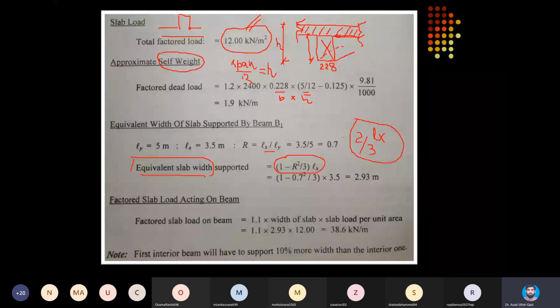So in order to eliminate its contribution, we normally use HF, the height of flange, which is subtracted, so that we finally get only the stem below the slab.